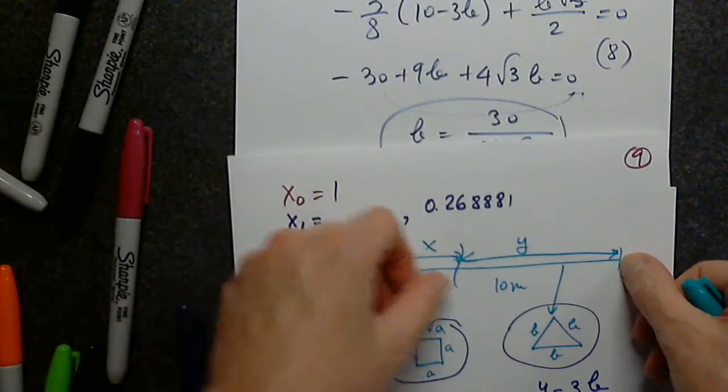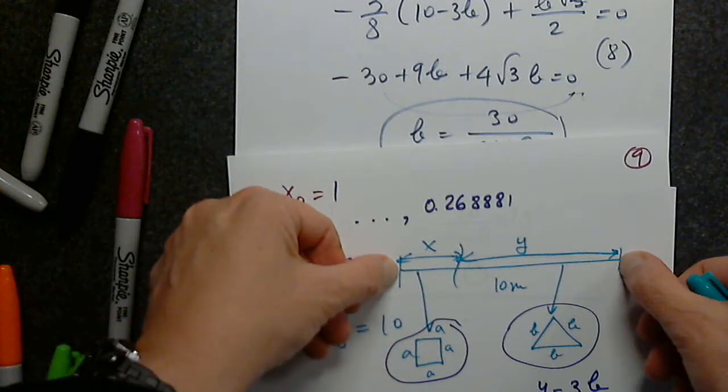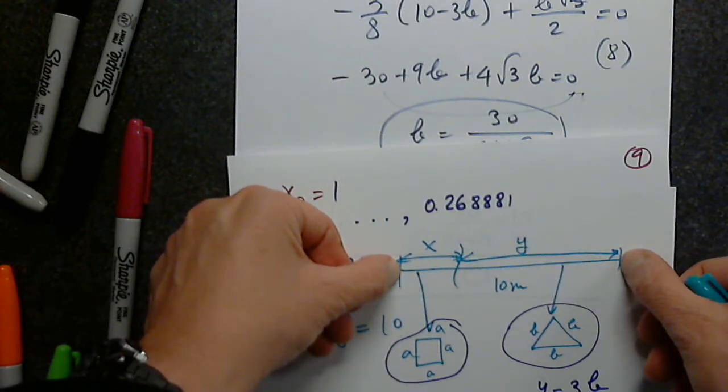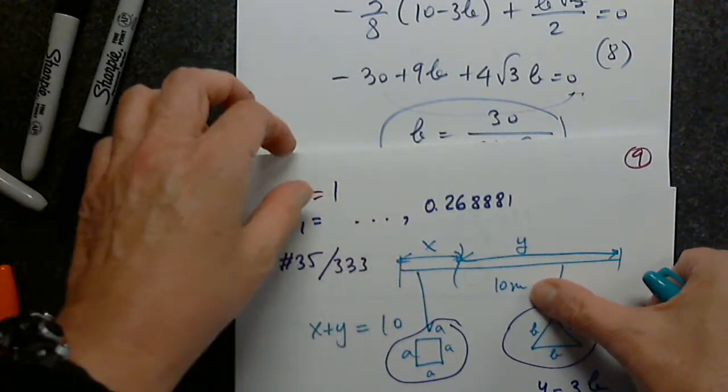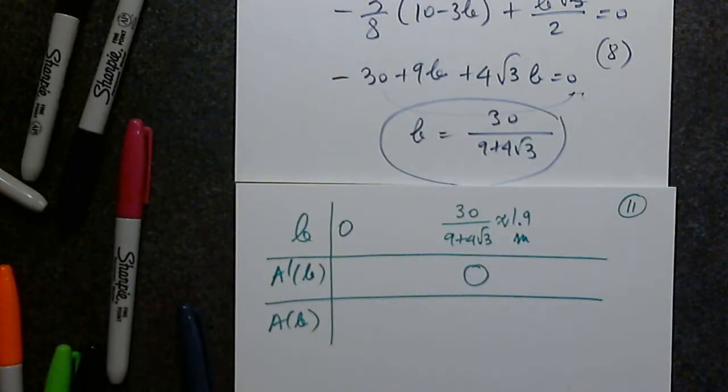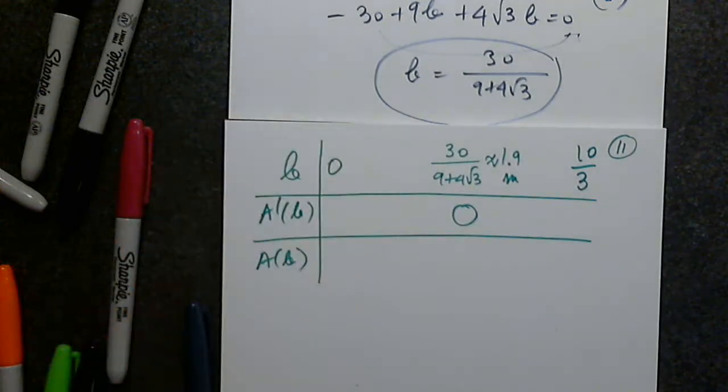If we use the entire length for a triangle, then it will be 10 over 3. And it cannot be more or less, between 0 and 10/3. Okay.